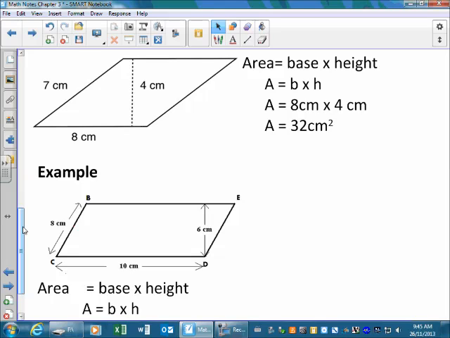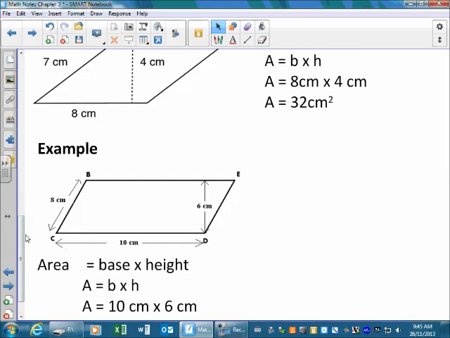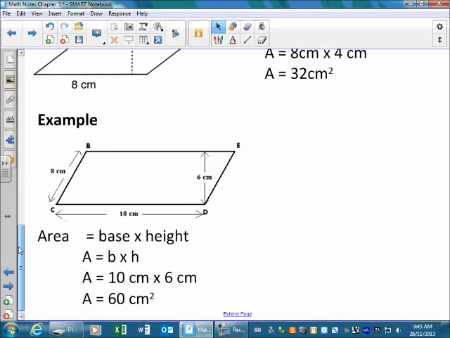That is correct, 10 centimeters. Very good. And our height is 6 centimeters. That's correct. It's not 8 centimeters, because that is the length of that side. It's a little bit different. So we have 10 centimeters times 6 centimeters, and that gives us a whopping 60 centimeters squared. And that's how you find the area of a parallelogram.